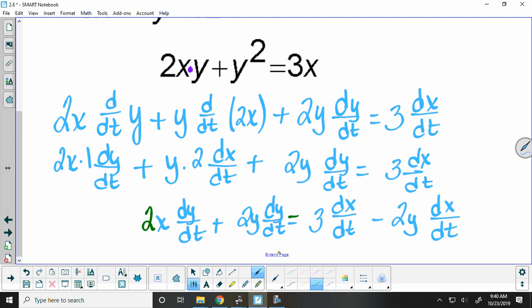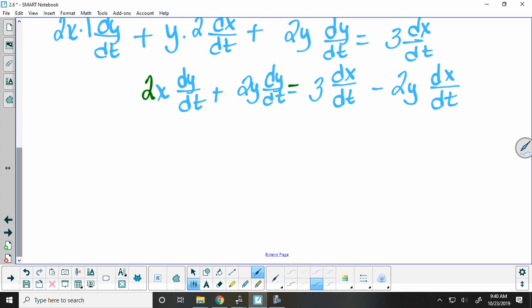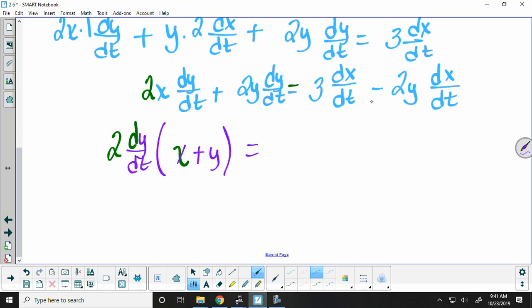Now, what could we do on each side? What could we undistribute? A 2 and a what? A dy over dt, which would leave us with x plus y. What could I undistribute on the right side? Dx over dt, leaving us with 3 minus 2y.